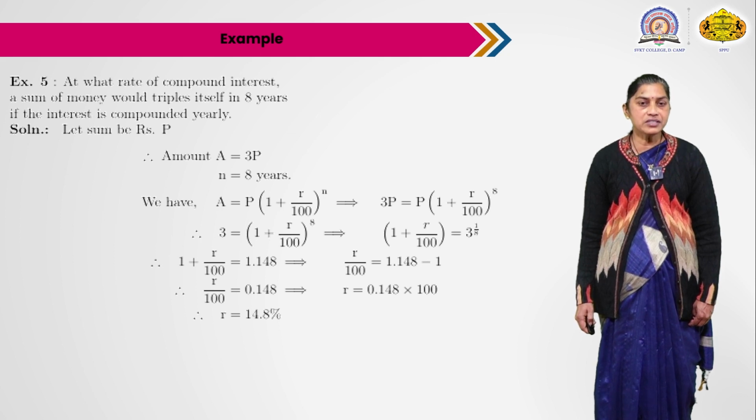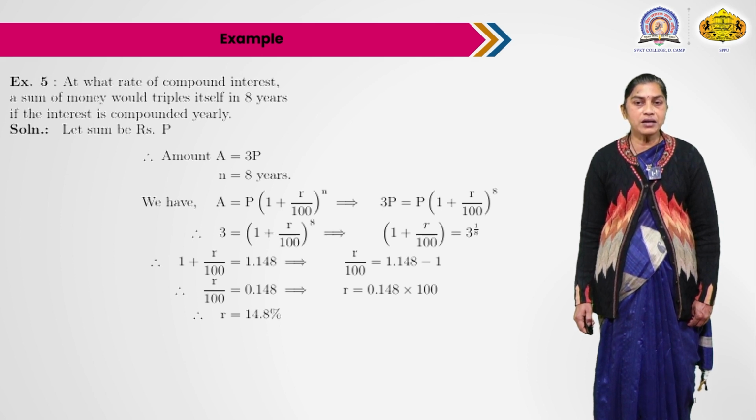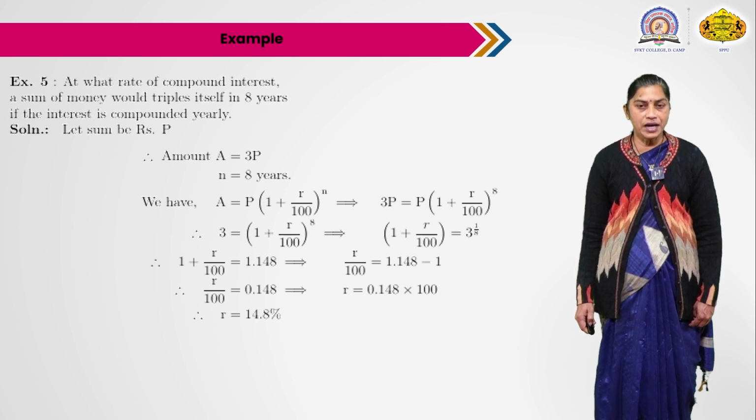Therefore, A is equal to P into bracket 1 plus R by 100 bracket raised to N. Put the values: we have 3P is equal to P into bracket 1 plus R by 100 raised to 8, because it is compounded yearly and n is 8. Cancelling P on both sides, we get 3 is equal to 1 plus R by 100 raised to 8.